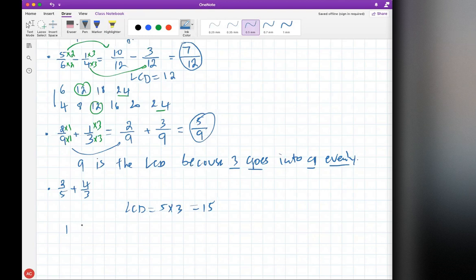So 15, or we can say the LCD, let's see. Something is wrong with my computer. It's acting up.